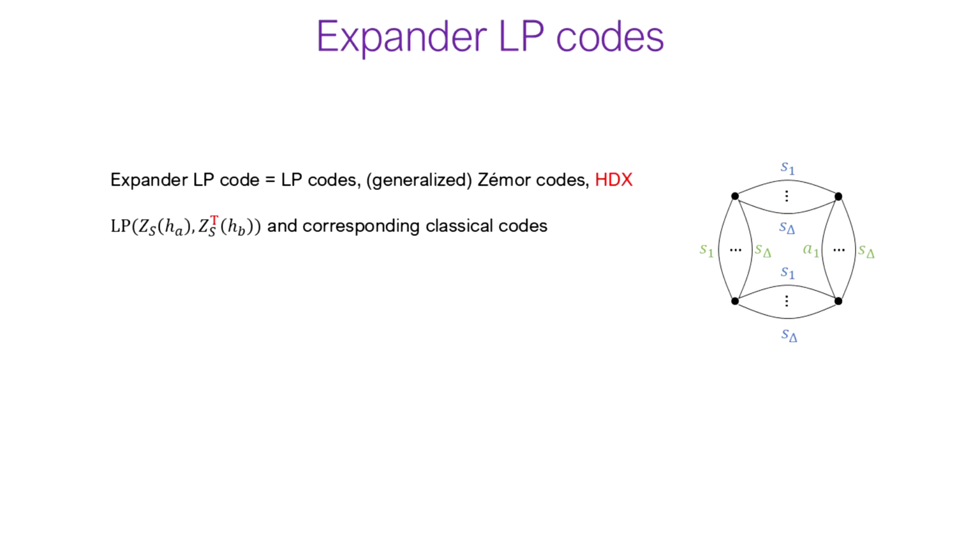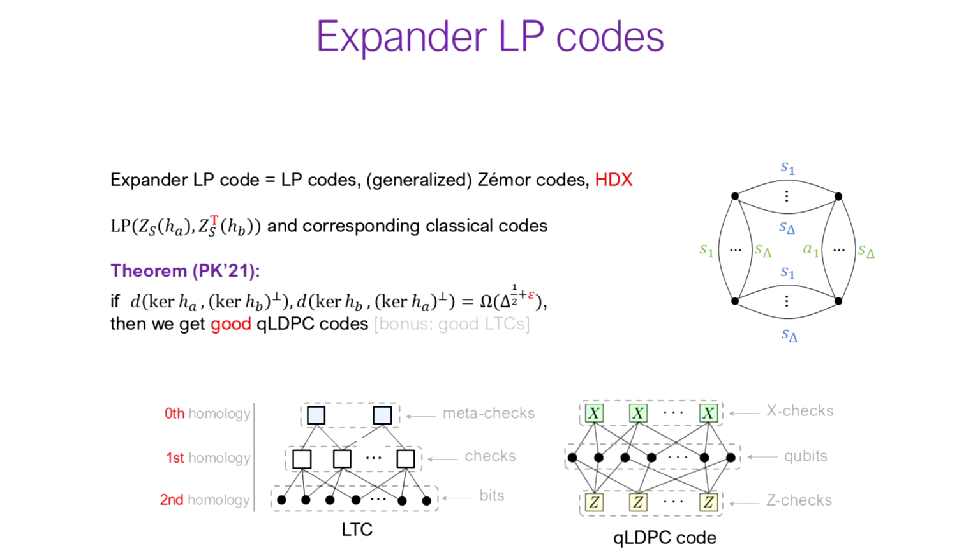Okay. So what are expander lifted product codes? Expander lifted product codes are just the lifted product construction applied to two, in general, generalized Tanner codes. We can apply it to standard Tanner codes, but we can also apply it to generalized Tanner codes.